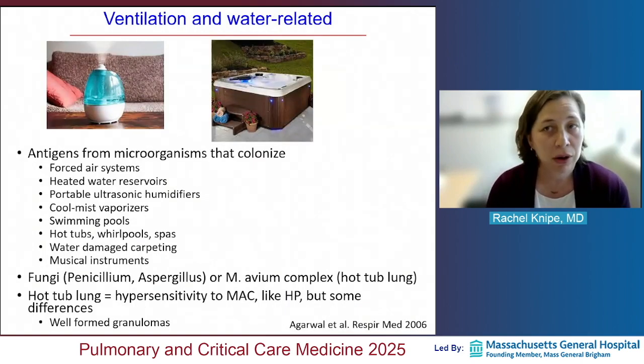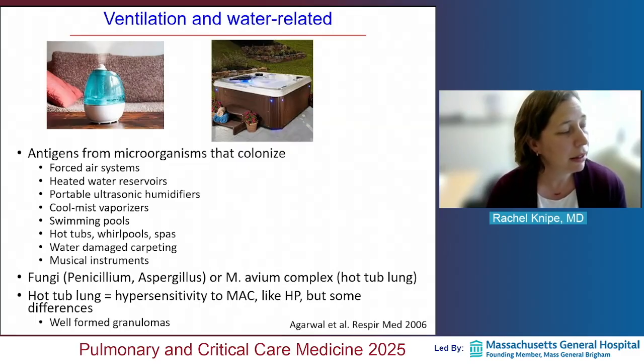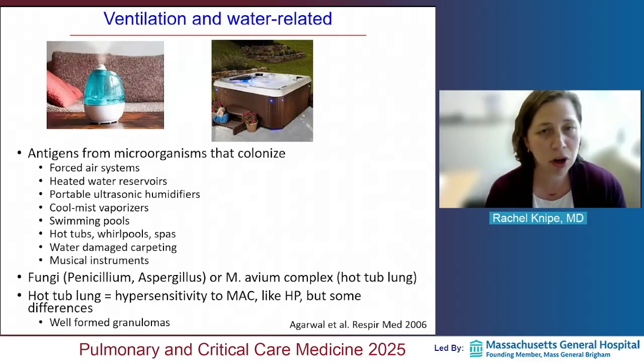Okay, another major category is ventilation and water-related antigens. So antigens from microorganisms that colonize forced air systems, heated water reservoirs, humidifiers, vaporizers, swimming pools, hot tubs, water-damaged carpet, musical instruments can be reservoirs.